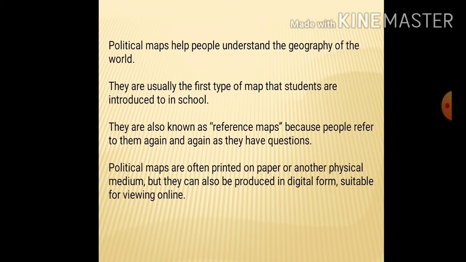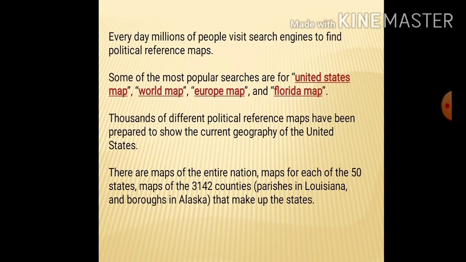Political maps are often printed on paper or another physical medium, but they can also be produced in digital form suitable for viewing online. Every day, millions of people visit search engines to find political reference maps. Some of the most popular searches are for United States map, world map, Europe map, and Florida map.